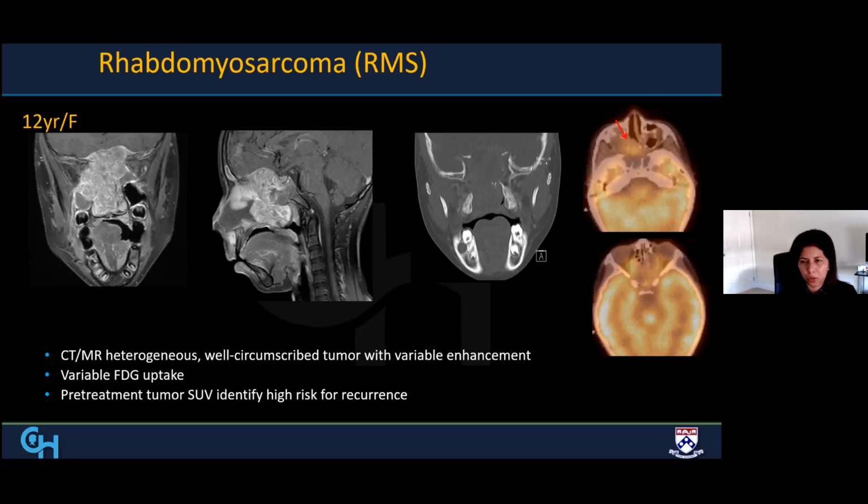The SUV, or this value that you can get on PET at the initial diagnosis time, can be a predictor for the prognosis. The higher the pre-treatment SUV value, the more it can portend a bad prognosis and a higher incidence of recurrence.